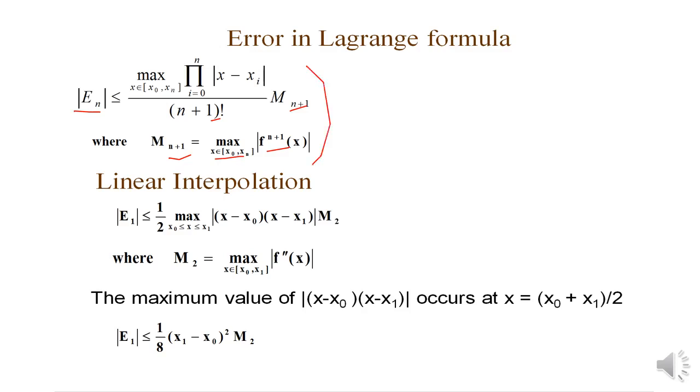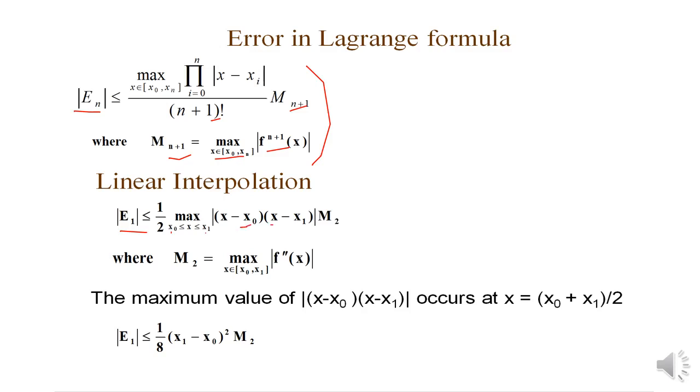Now this same formula, which is the general formula, let us look at it for linear interpolation, meaning two points. When there are two points x0 and x1, it means n is equal to 1 and x lies between x0 and x1. So we can write down mod E1 is less than or equal to, because n is 1, (n plus 1) factorial is factorial 2, which is 1 upon 2. Maximum x0 is less than or equal to x is less than or equal to x1, and mod of, as it is given in the formula, product of (x minus xi).